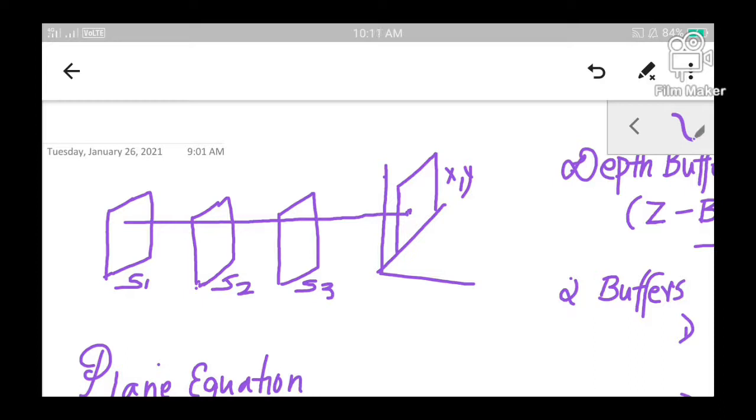So there are three surfaces and the point which I am going to plot belongs to all these three surfaces. Before plotting the point, I must identify the nearer surface. This is the viewer position. From the viewer's position, S3 is nearer than S2 and S1. So definitely, since S3 is nearer, XY of S3 needs to be plotted. Clear?